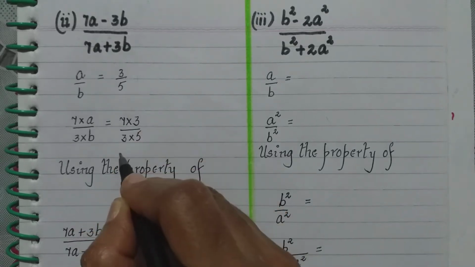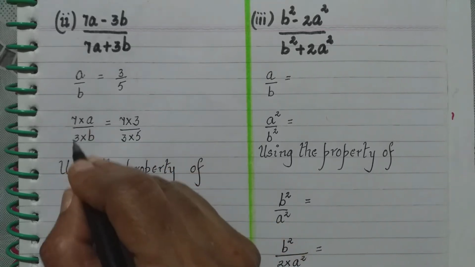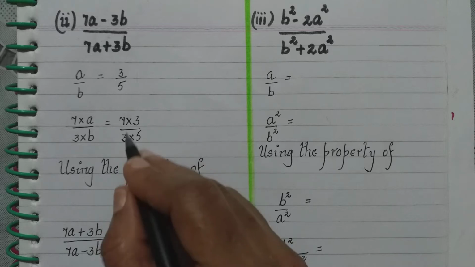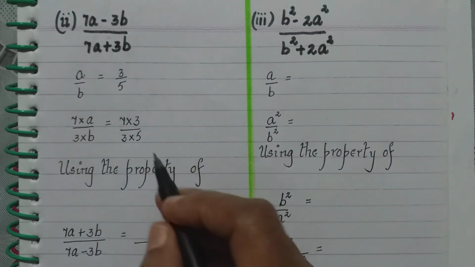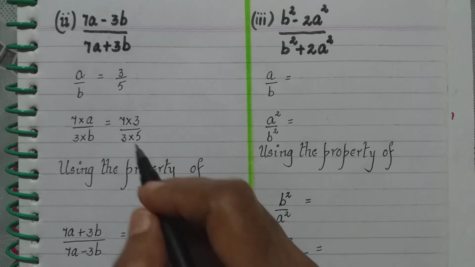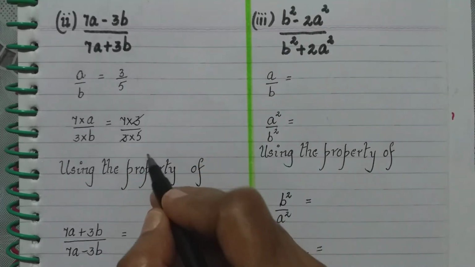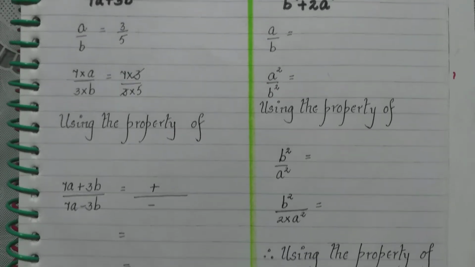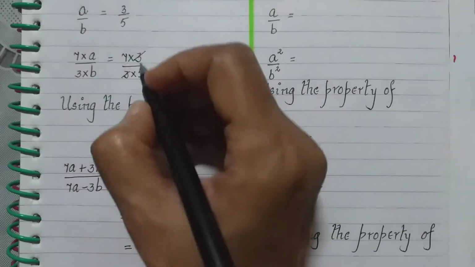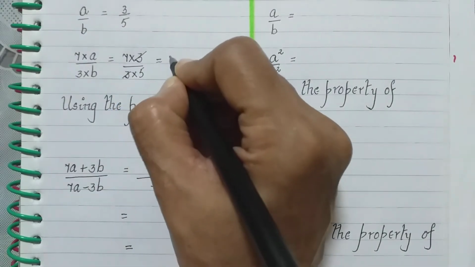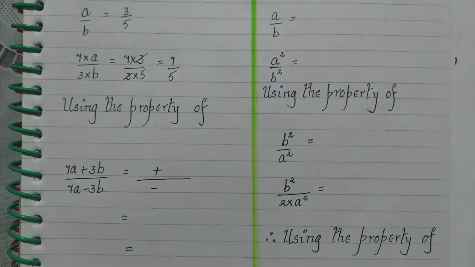So 7 upon 3 is as it is because we had to multiply by 7 upon 3, and a by b was 3 by 5. So we write it like this. Now here we see 3 and 3 cancel. So when I am getting this 7a upon 3b, it will be just 7 upon 5.